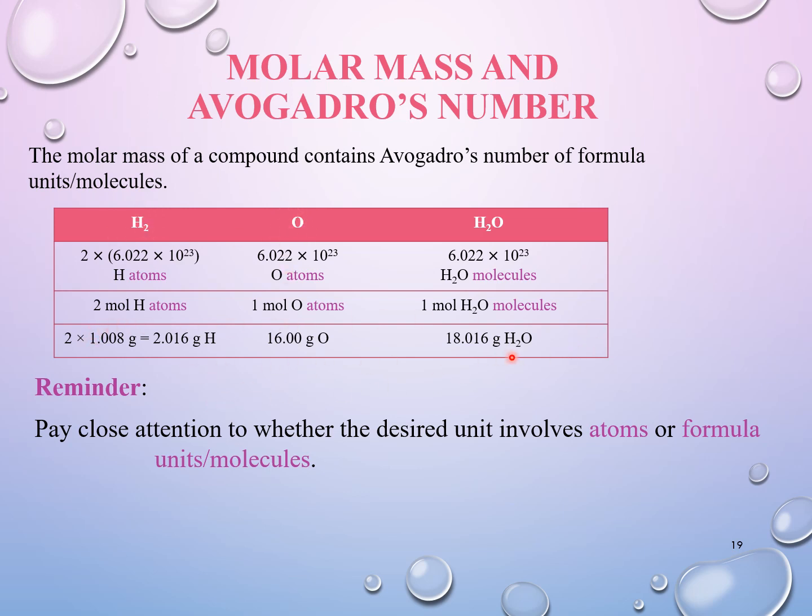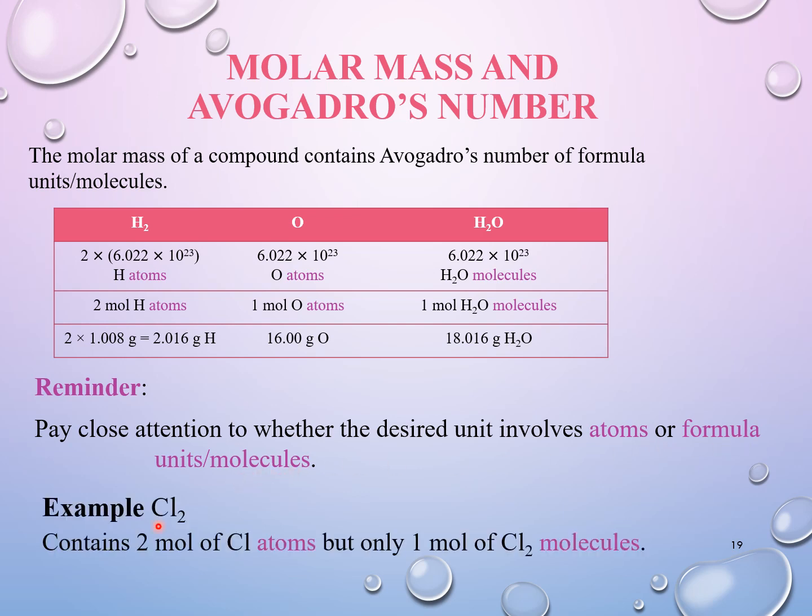So that's how we got the masses here. So we gotta pay attention when the question asks for atoms or molecules or formula units. So if they say Cl2, Cl2 contains 2 moles of Cl atoms, but only 1 mole of the Cl2 compound or molecule. So you have to pay attention. Are they asking for the Cl2 molecule, or are they asking for the individual Cl atom?